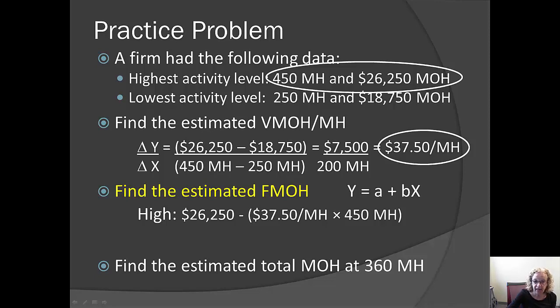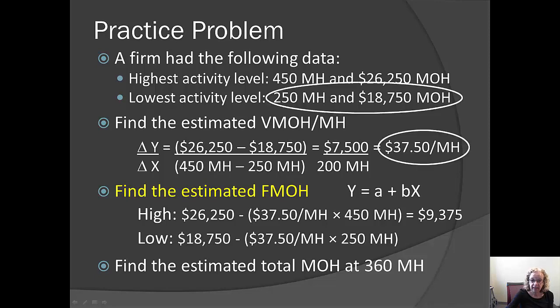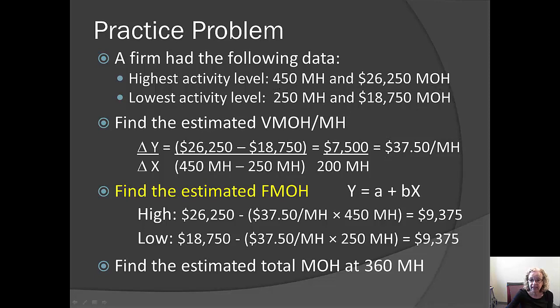We can plug that information into our formula, solve for A, and it turns out that our fixed cost is $9,375. We could do the same thing at the low point, and if we did, we would find that it gives us exactly the same answer, because these represent the end points of the same straight line.